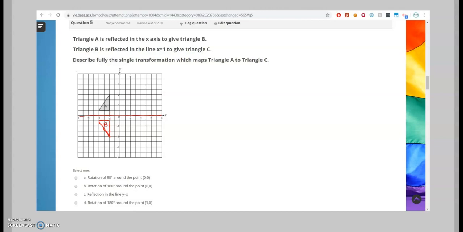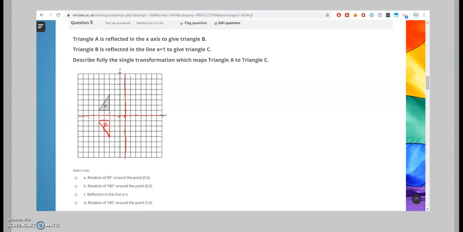Now we've got triangle B is reflected in the line x equals 1 to give triangle C. So where is x equals 1? There is x equals 1. So this is the line x equals 1.